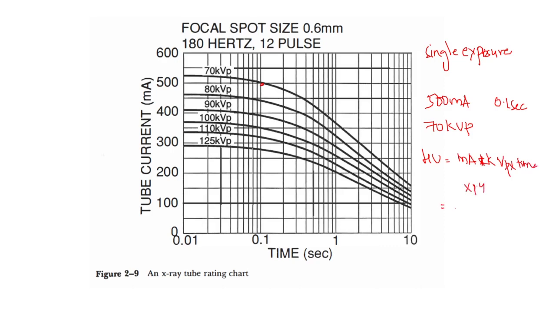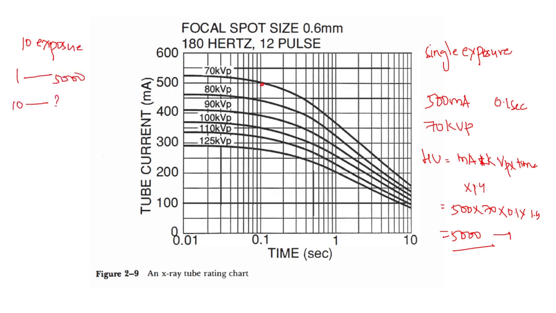That means 500 times 70 times 0.1 times 1.4. Overall, we get around 5000 for a single exposure. Now, if there are 10 exposures, and one exposure produces 5000, then 10 exposures will obviously produce 50,000 heat units. This is according to our mathematics.